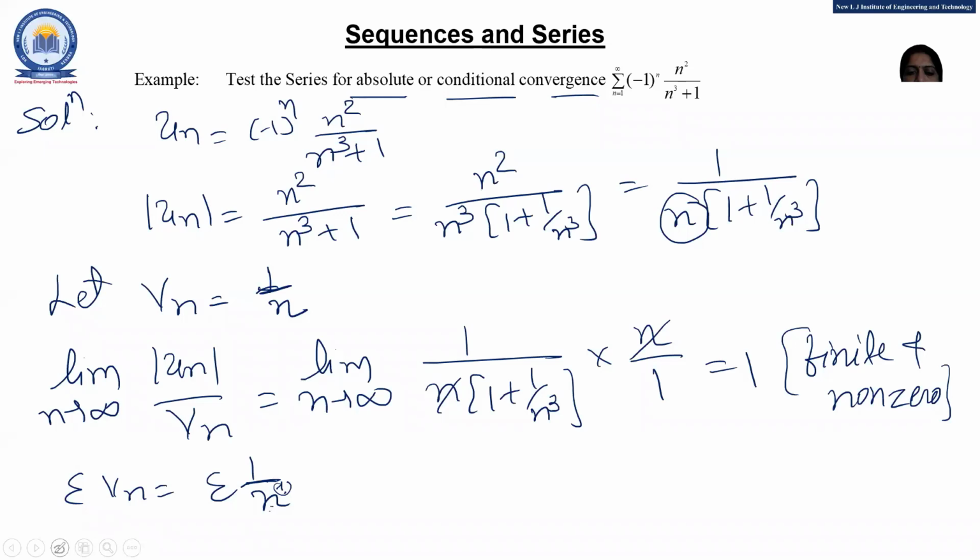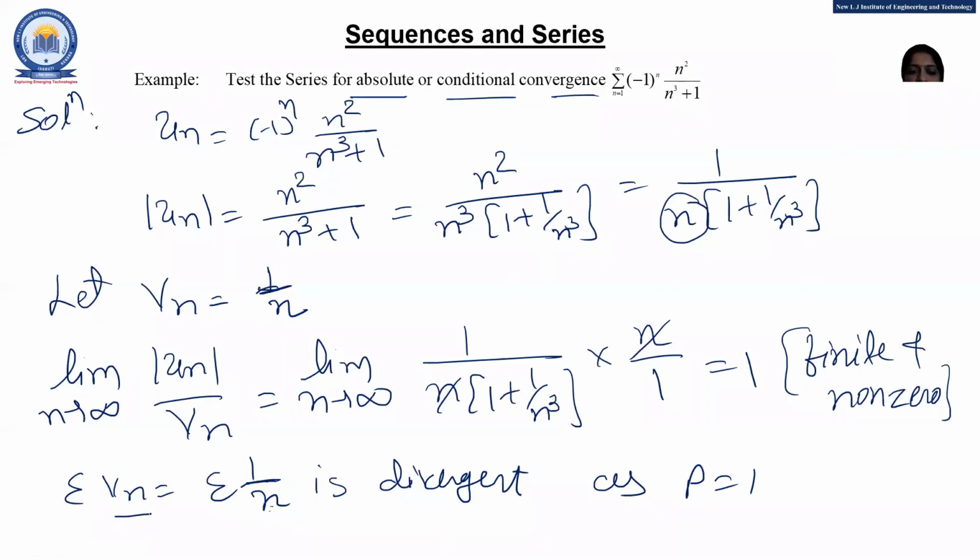So is this series convergent or divergent? This series is divergent because p equal to 1. This series is convergent if the power of n is greater than 1.